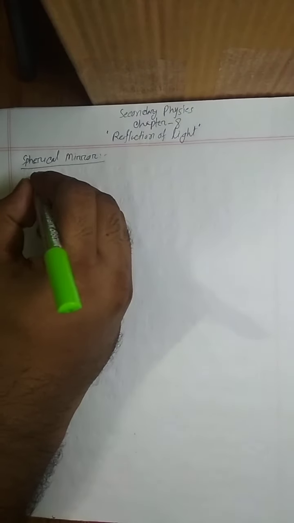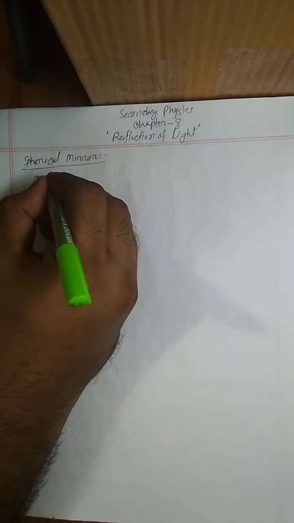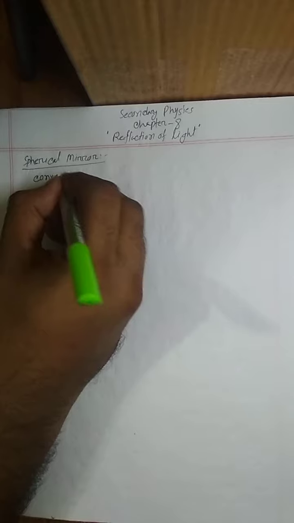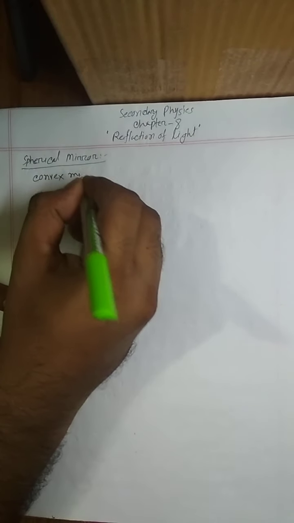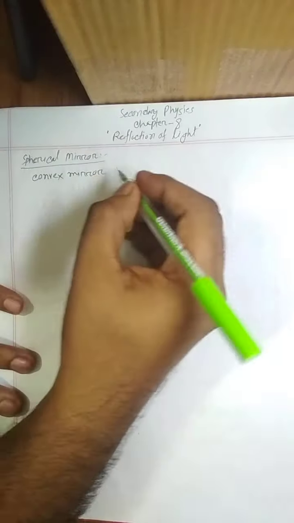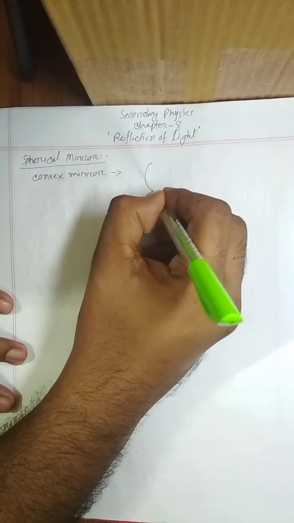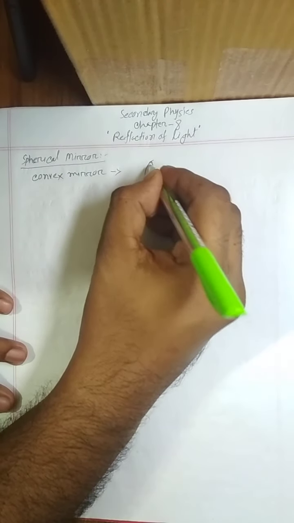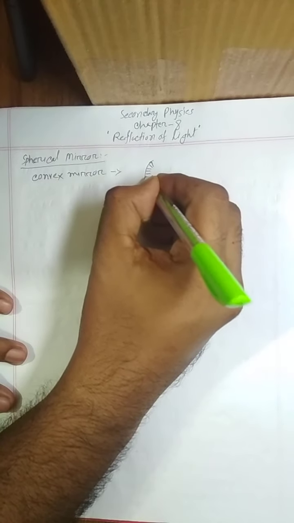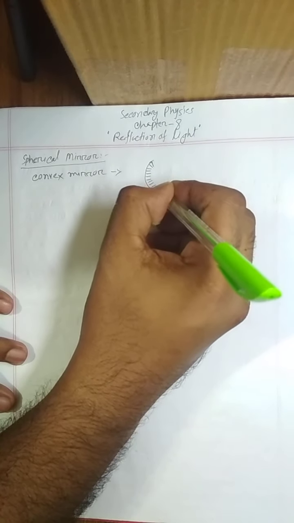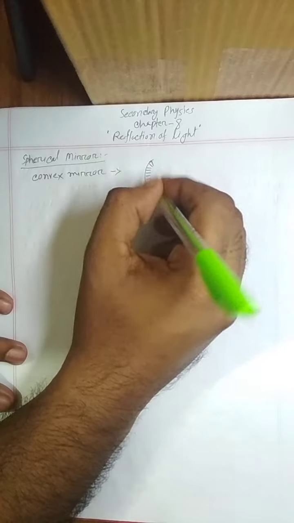There are two types: convex, the part of a sphere, where the inner part is coated with aluminum or silver, and the outer part is shiny.